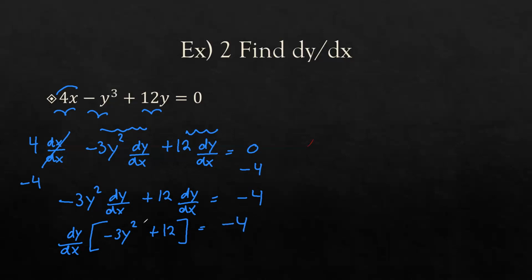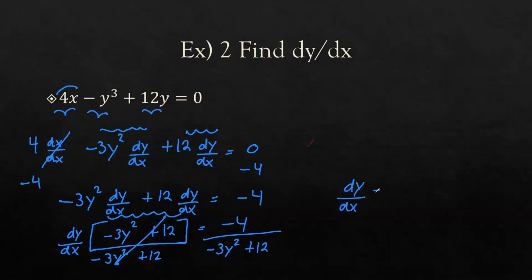And then solve for dy dx, so get rid of this by dividing both sides by negative 3y squared plus 12. Okay, so this cancels, and now you're left with dy dx equals negative 4 over negative 3y squared plus 12.